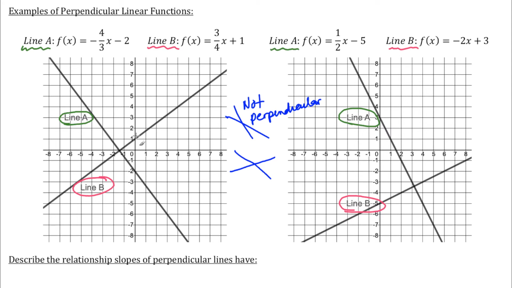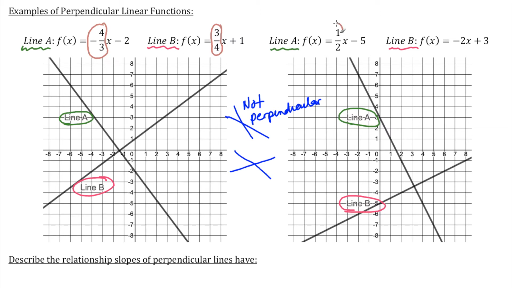So once again, the y-intercepts can be different: -2, +1, -5, +3. But we really want to take a look at these slopes right here. -4/3 and +3/4. They look related, right?